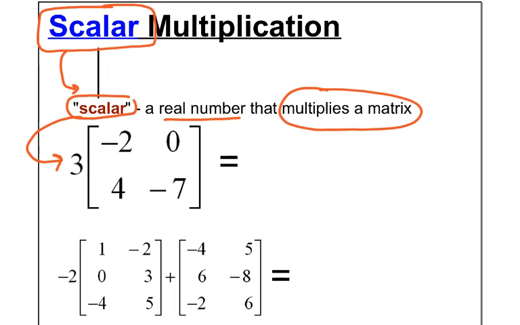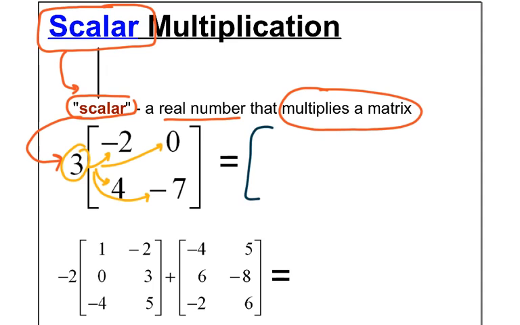Now, if I tell you that matrices are very user-friendly, what do you think you should do with that 3? What's it going to do to the matrix? For me, when I see that, I feel like it's going to go inside and multiply every single entry. And you would be right. How nice is that?